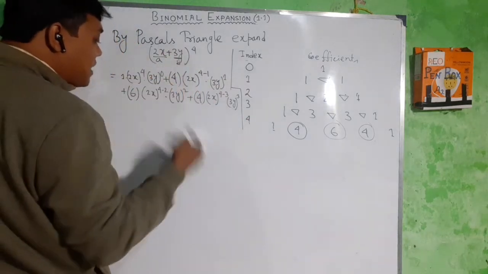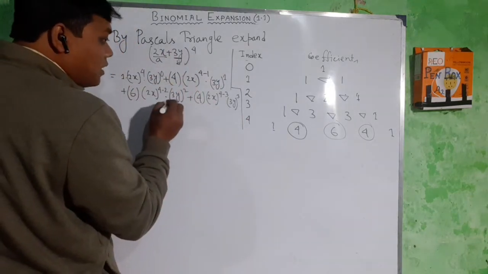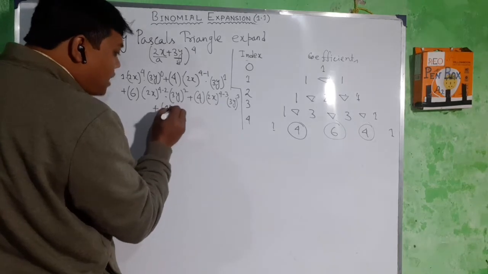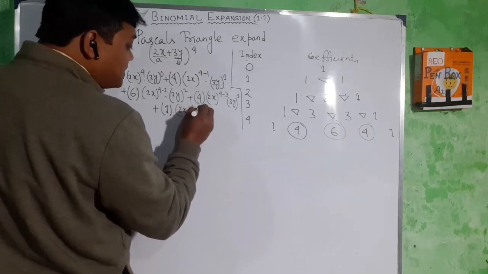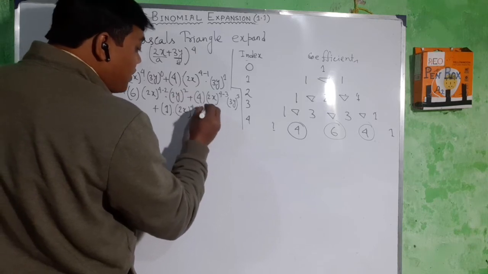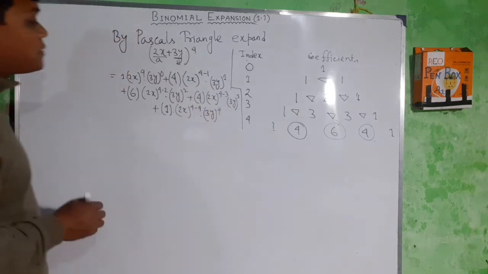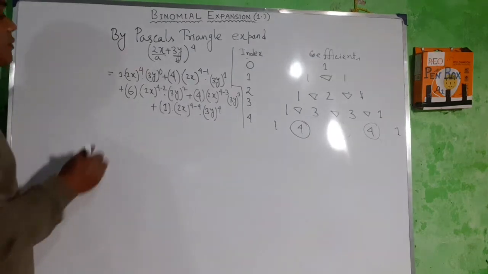It increases by unity, and the last term has coefficient 1 and 2x whole to the power 4 minus 4, that is 0, and 3y whole to the power 4. That is the total expansion, and we have to simplify it.